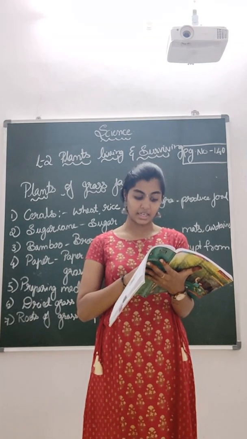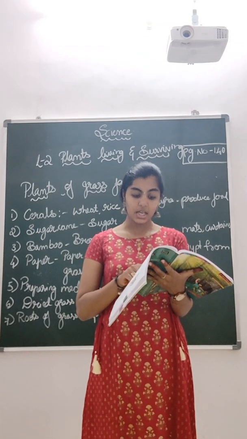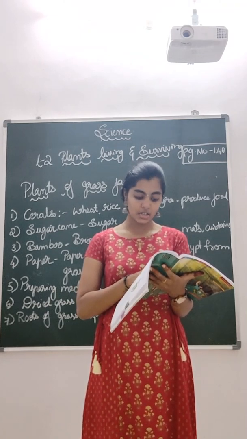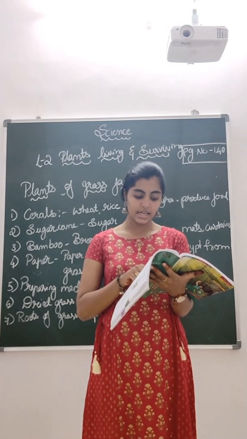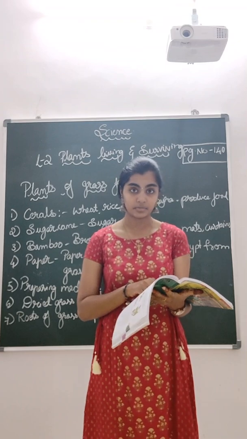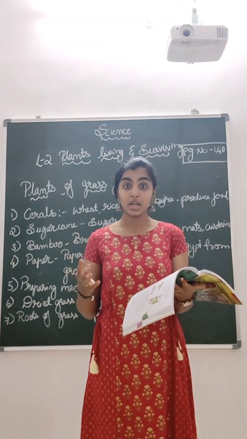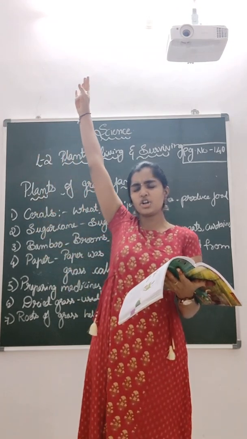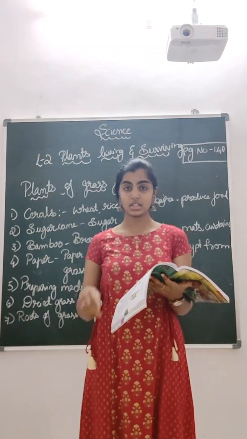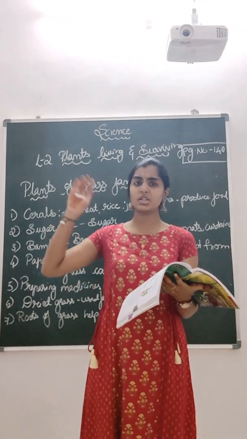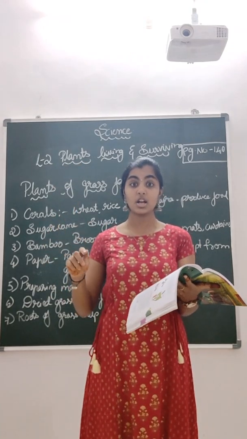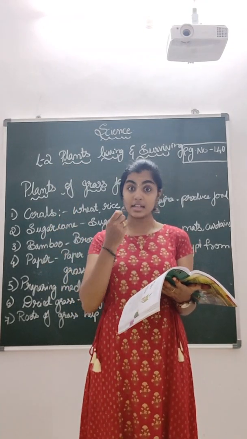Yes. Now, bamboo. Bamboo plants are actually giant grass. Bamboo is used for making things like brooms, baskets, chairs, mats, curtains, toys and huts. See, you are getting many things from bamboo. Bamboo are very big, tall trees. Right? They are very big, very tall, and this wood is very strong.